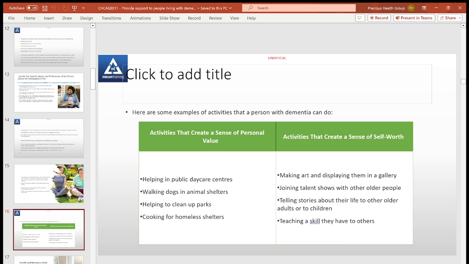Some of the activities that help with self-worth include making art and displaying it in a gallery. There are a lot of elderly people, even while they are still going through these diseases of mental health or even dementia, who are still very skilled.